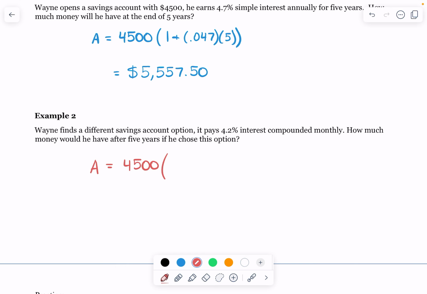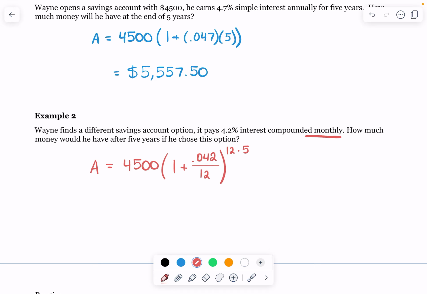Okay, so for this, we're going to have our principal multiplied by 1 plus the interest rate, which will be 0.042 from the 4.2%, divided by, in this case, we're compounding monthly, so n is going to be 12 times that it'll compound per year, raised to the n, again, 12 times t. Okay, so raised to the 60th power.